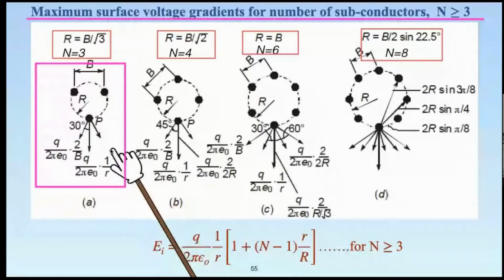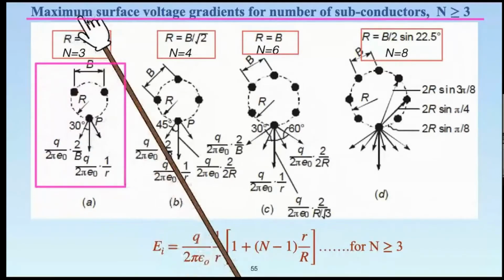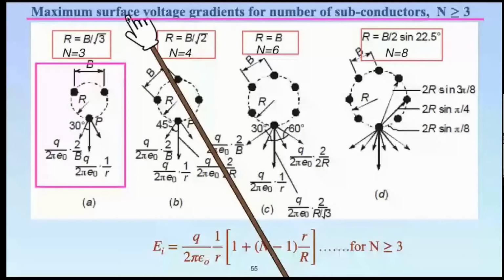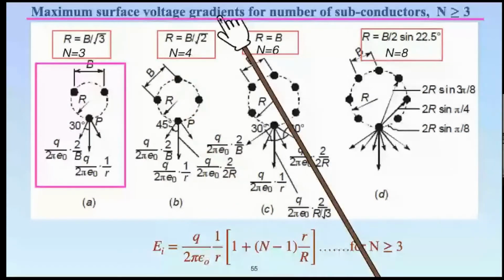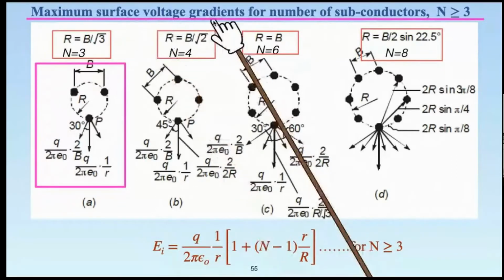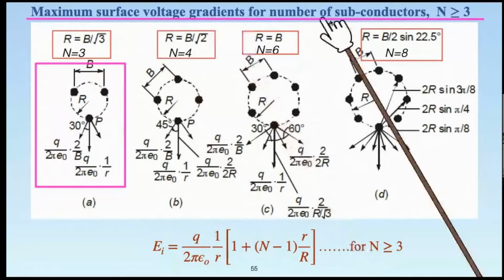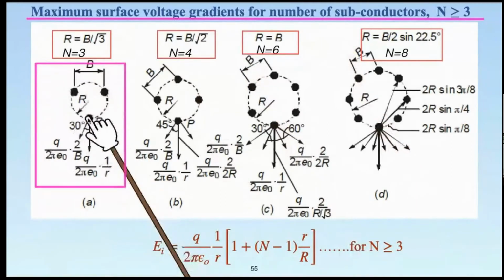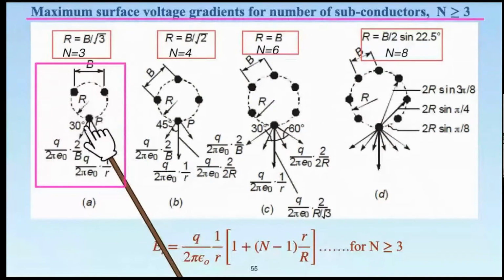Now, what we are trying to find out is maximum surface voltage gradients. And we have seen in the previous derivation that maximum surface voltage gradient will be on the inner side of the bundle. Outer side it is minimum, inner side it will be maximum.